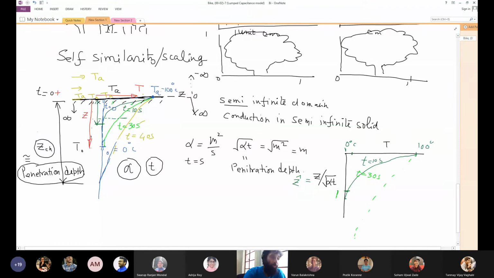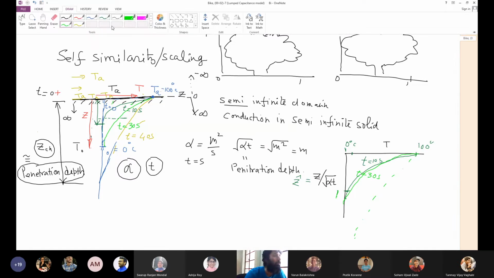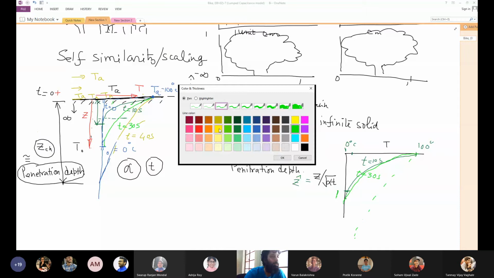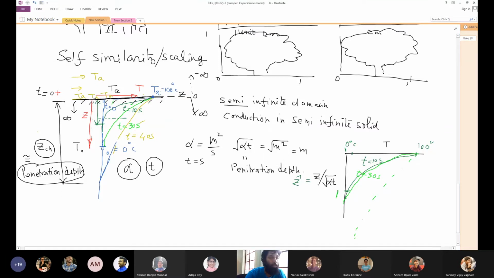Around 1, because we have scaled it. So z naught may be more, but because t is more, square root of alpha t is also more, so the ratio more or less remains around 1. So this plot will look like this. Again this plot will go like this, just like our cauliflower.